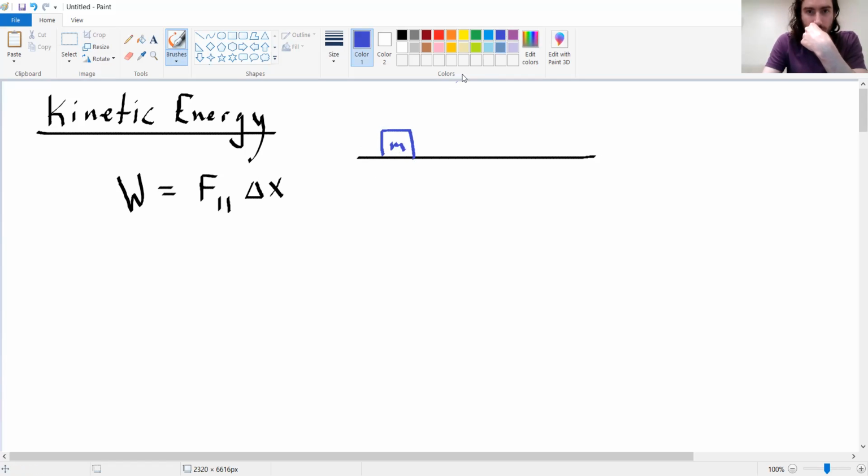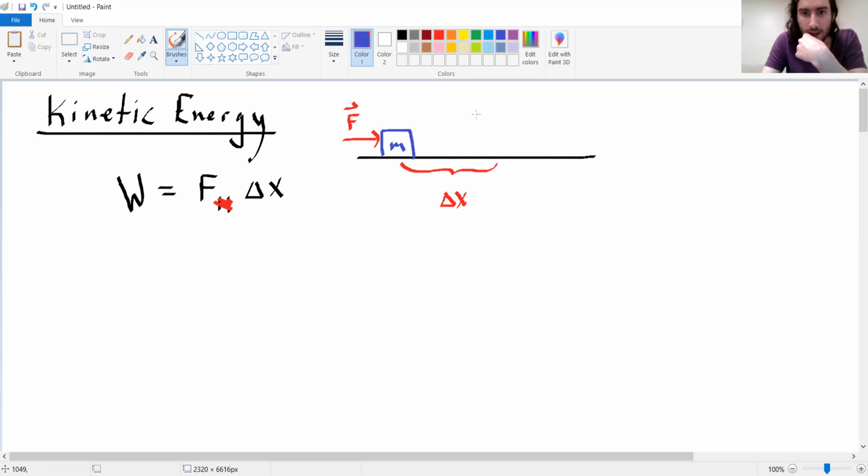Suppose that we apply a constant force, to keep things simple, F. So we can drop the parallel part. We don't need to consider the parallel component because it is parallel. And let's assume that we have a displacement of delta X.